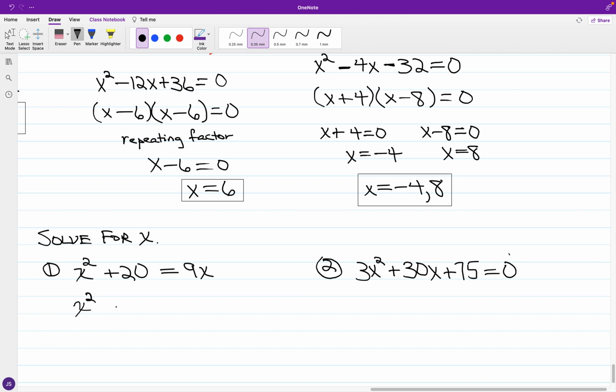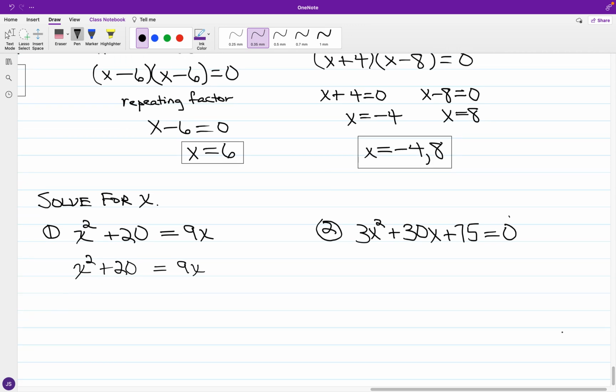If I rewrite this equation in standard form, that is, have the x squared, first order x, and the constant on one side and have 0 on the other, I can make this transition upon moving the 9x over.